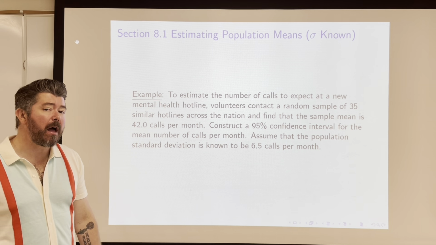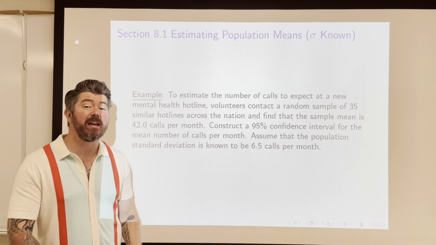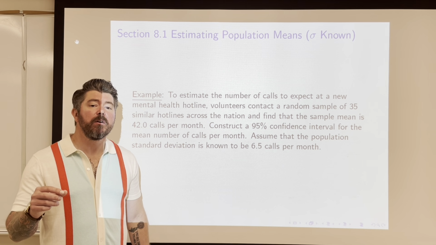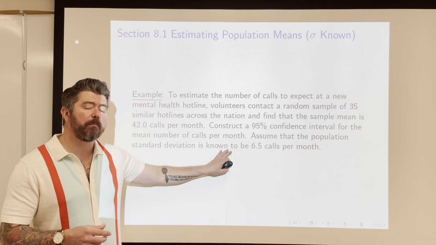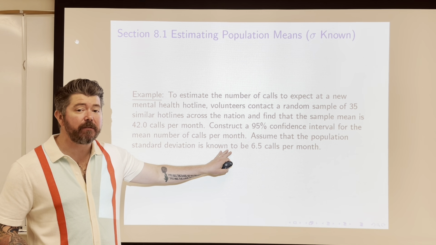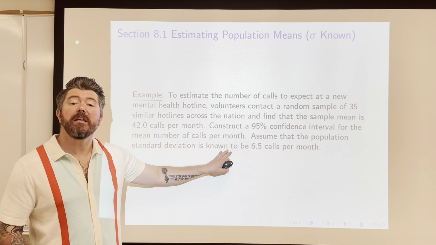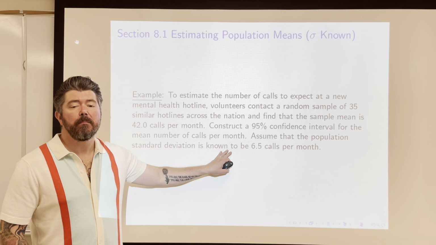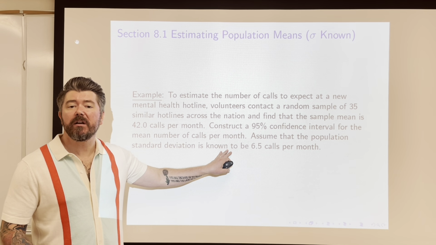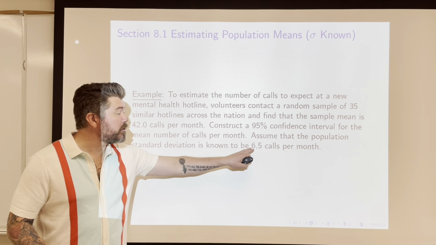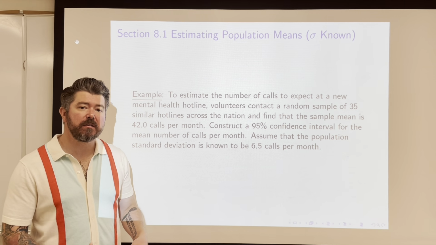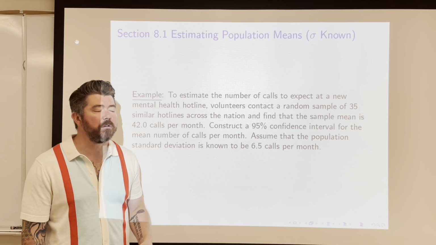Okay, so we can pull out a lot of information right away and label it. It's very important that you not only read the problem and pull out the numeric values, but you correctly label the numeric values, because there's going to be a lot of formulas in chapters 8 and 9, and the labeling will help us see which formula we will use.